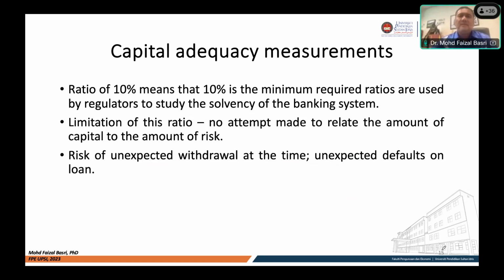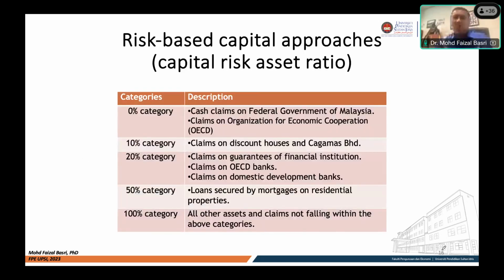The one that is actually important is the risk-based capital, the capital risk asset ratio, whereby they segregate the assets into different categories. Here we have 5 different categories: 0%, 10%, 20%, 50%, and 100%. Each percentage, or weight, of the categories relates to the types of assets that the company has.